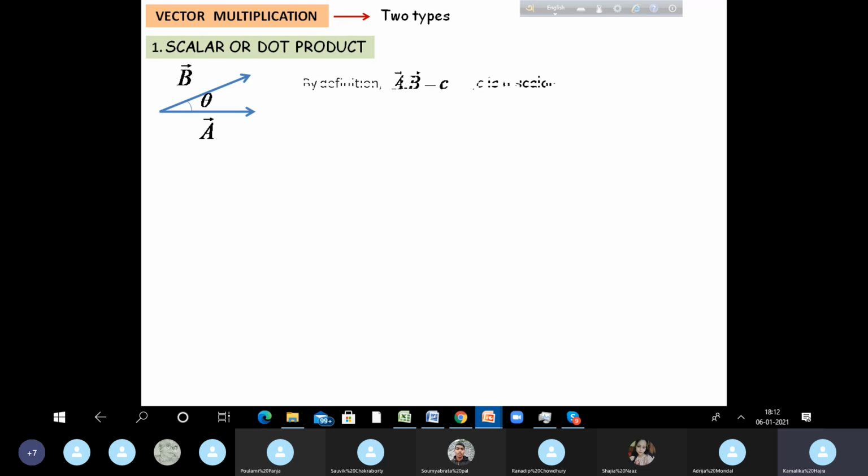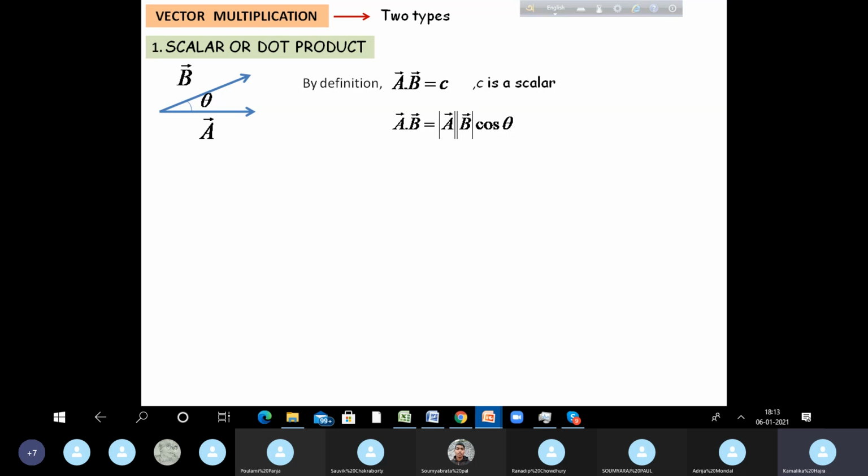So by definition, the dot product A dot B is equal to C, where C is a scalar. And what is the value of that scalar? It is given by magnitude of A multiplied by magnitude of B multiplied by cosine of the angle theta between them.